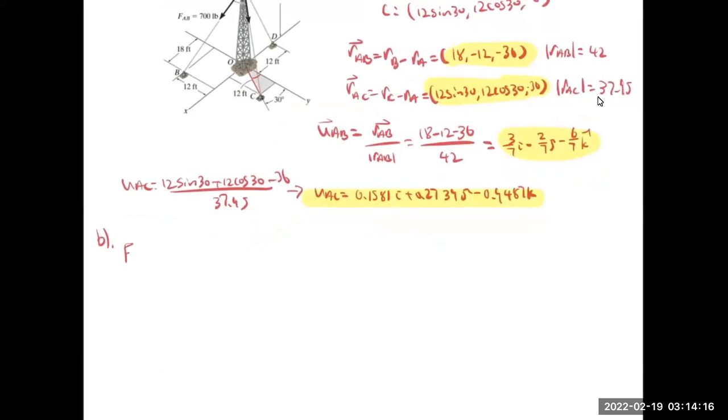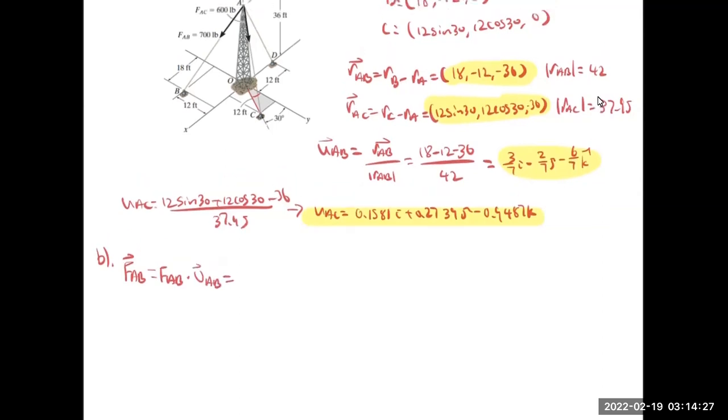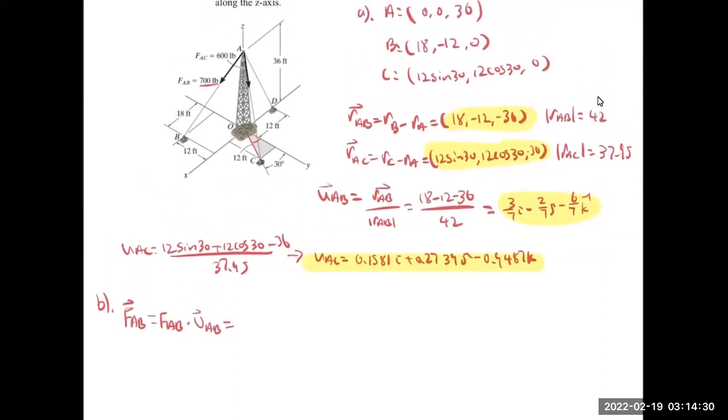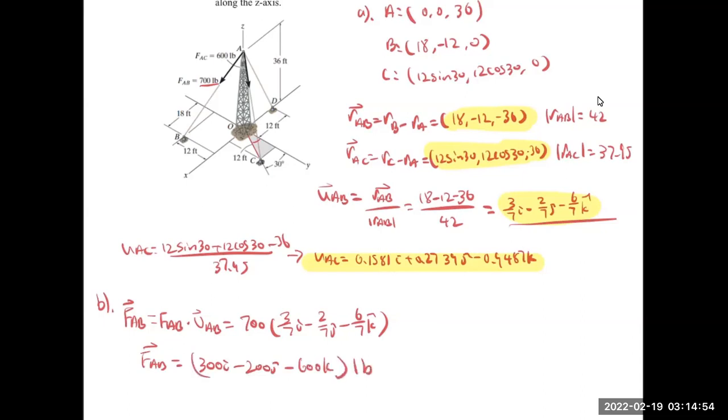We know that the vector of FAB will be equal to FAB multiplied by the unit vector of AB, where the magnitude of FAB is 700 pounds, multiplied by the unit vector of AB right here, 3 over 7 i minus 2 over 7 j minus 6 over 7 k. FAB equals 300i minus 200j minus 600k. And don't forget the units, it's pounds.